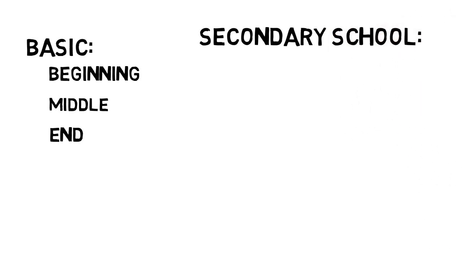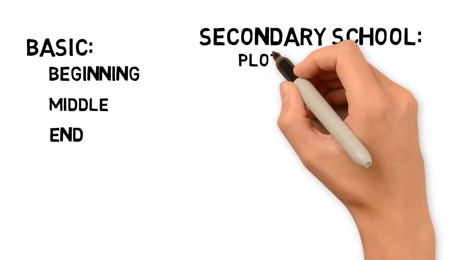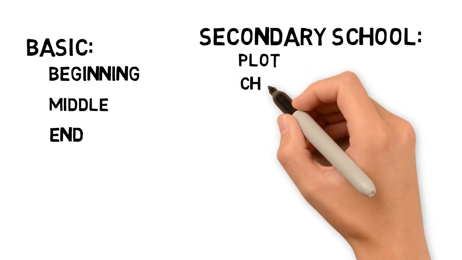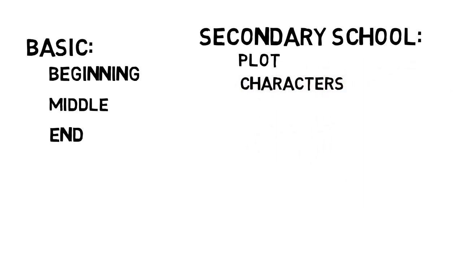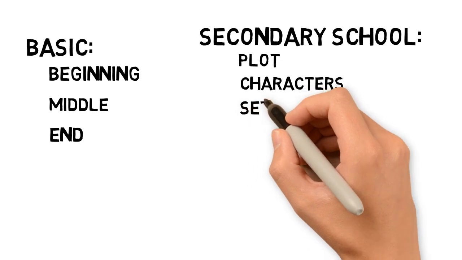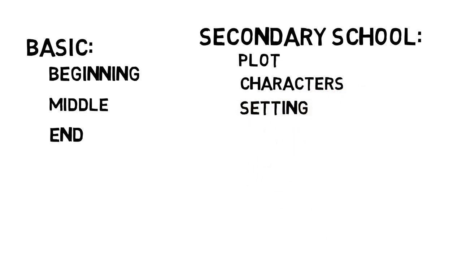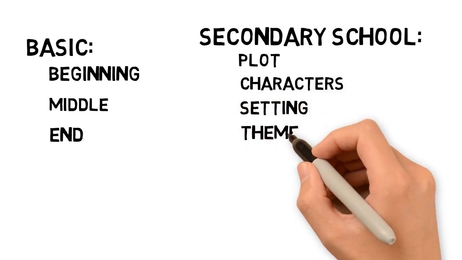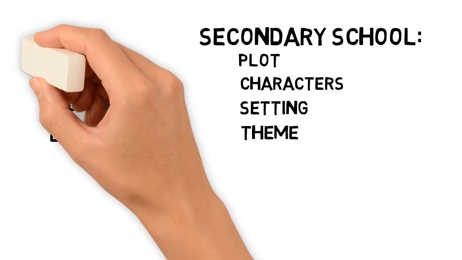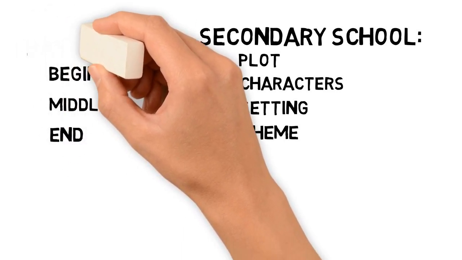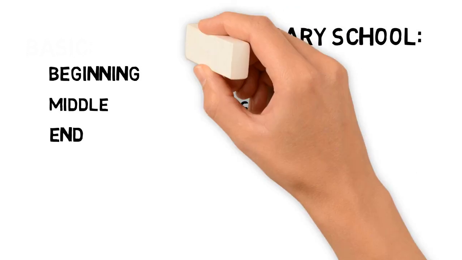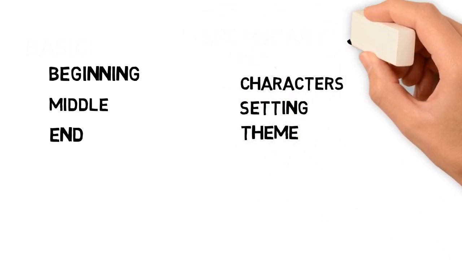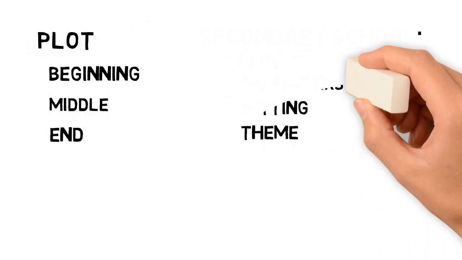At secondary school, you might have learned that a story is something with a plot, characters, a setting, and a theme. I'm going to talk about all of these in more detail as we go through this video. If you've been paying attention, you already might have noticed that the basic definition with beginning, middle, and end is essentially the plot. So we can tie those two definitions together.